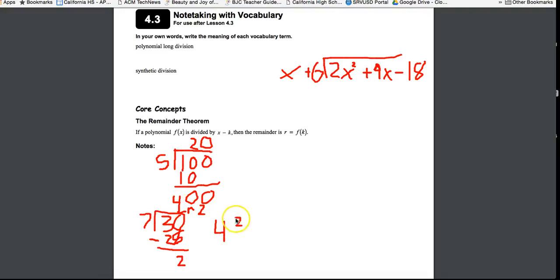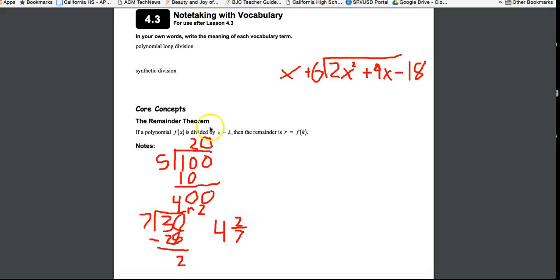So you take the remainder and write it as a fraction over the divisor, which in this case is 7. This is important because when we divide polynomials, they're not always going to be nice and even, like 5 going into 100. A lot of times you're going to end up with a remainder, and you always write your remainder as a fraction over the divisor.